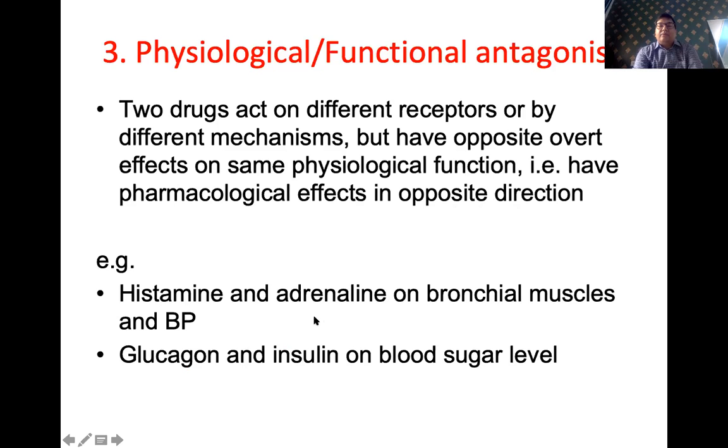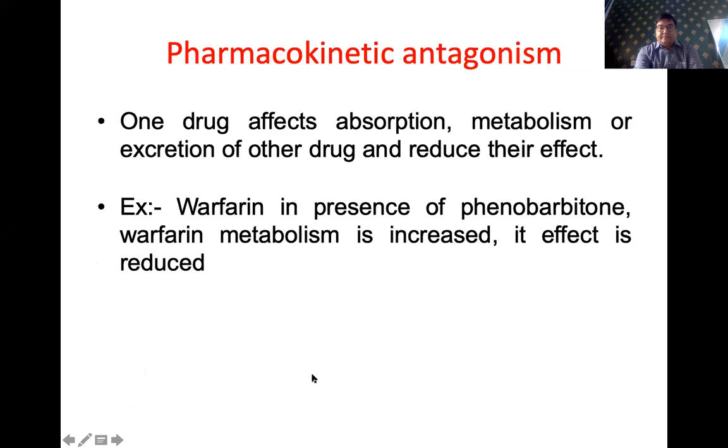The effect is opposite on the same system, but histamine acts through the H1 receptors, while adrenaline acts through the beta receptors. So the effect is through different routes. Similarly, glucagon and insulin on blood sugar levels. Insulin decreases blood sugar, glucagon increases blood sugar, but they act on different cell types of the pancreas.